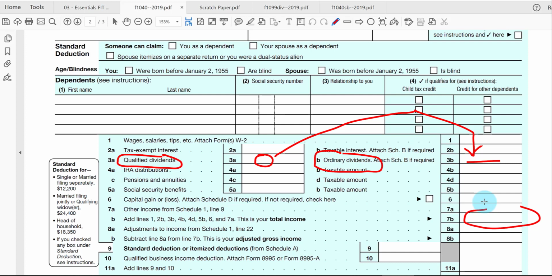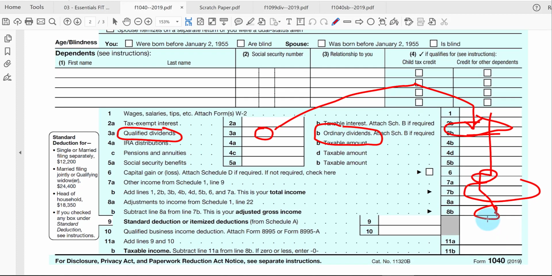So let's learn briefly how qualified dividends are taxed. Keep in mind that this dividend here is going to be added into total income and eventually adjusted gross income, and then at the very bottom, taxable income.